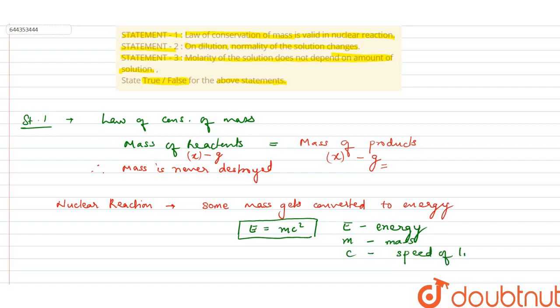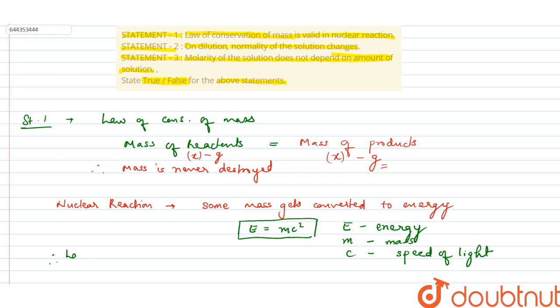So in nuclear reactions some mass gets destroyed and is converted to energy. The change in mass, that is the destroyed mass, is converted into energy.